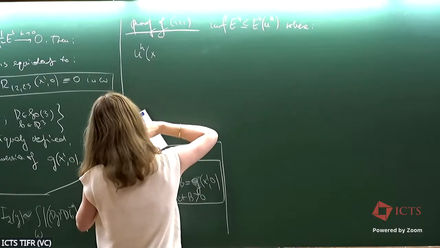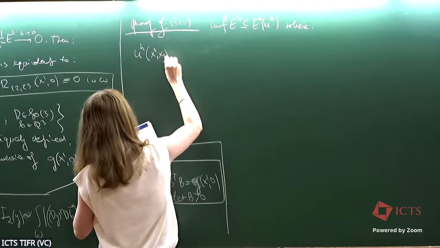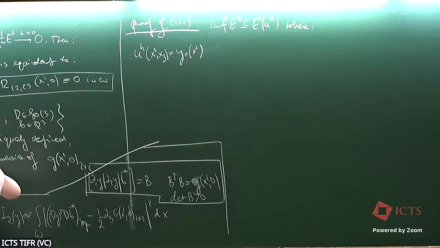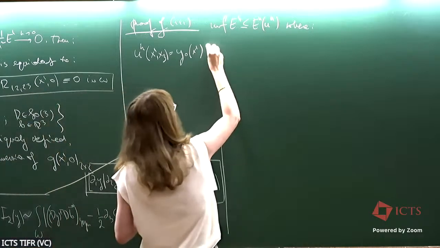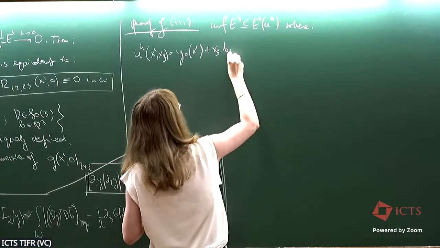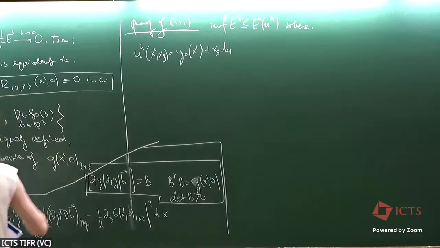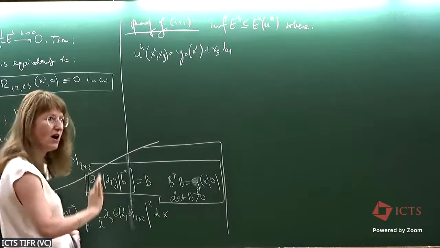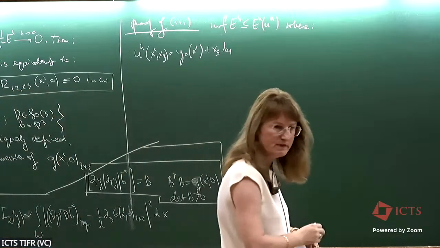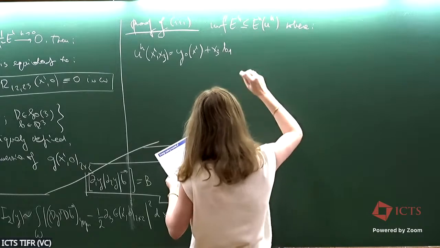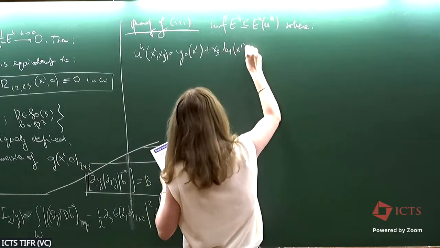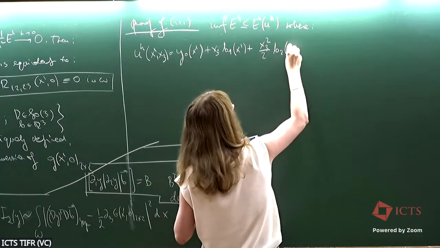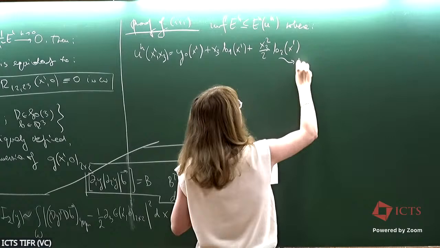So u^h of x', x3 is Y0 of x', that's my Y0 here, plus x3 B1. B1 is the B corresponding to Y0. So if this is Y0, then I call it B1, because I will have another generation of Bs. Plus x3 B1 of x'. And then I have x3 squared divided by 2 times a certain B2 of x', and this is to be defined.